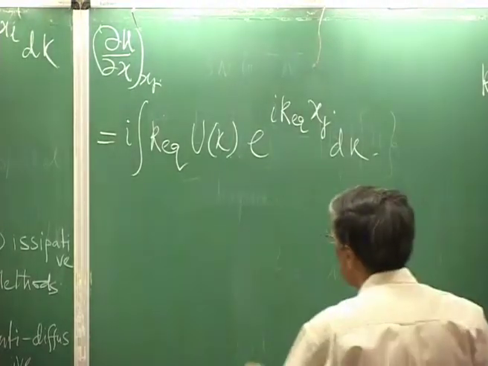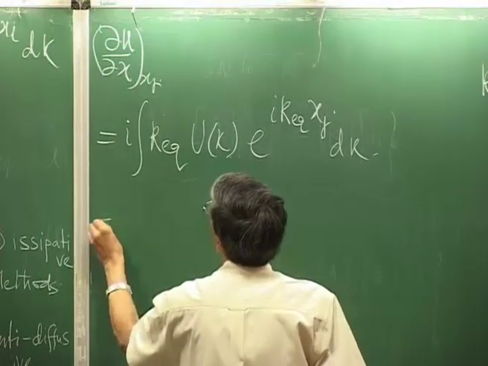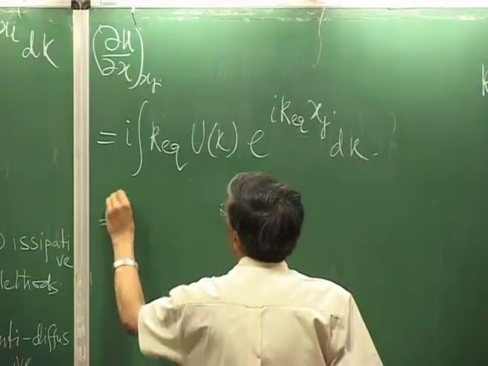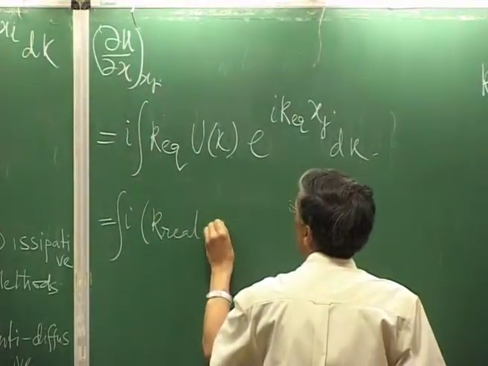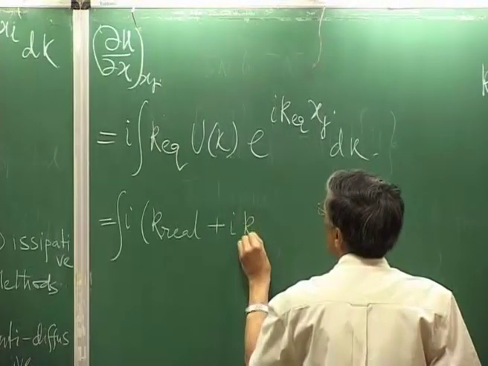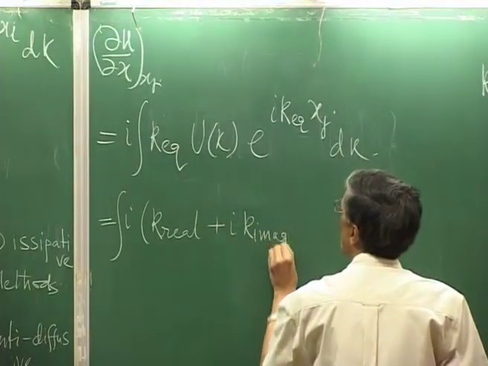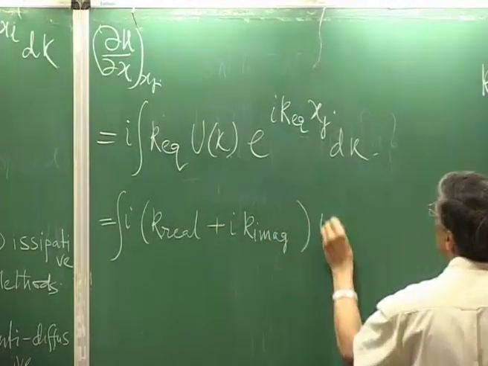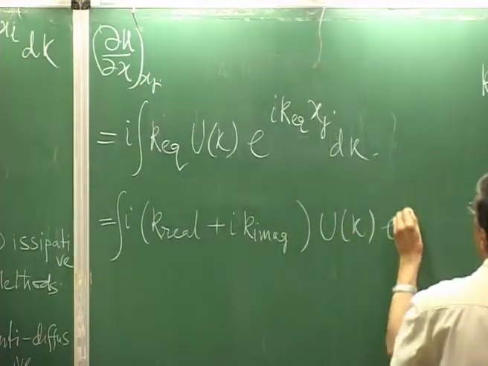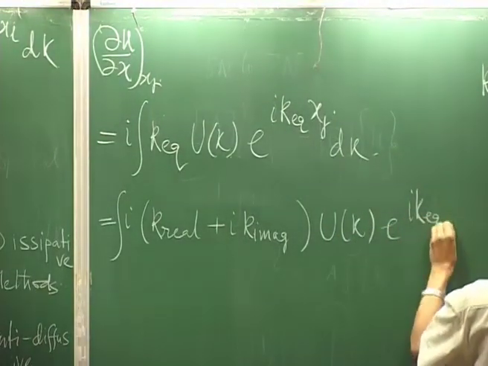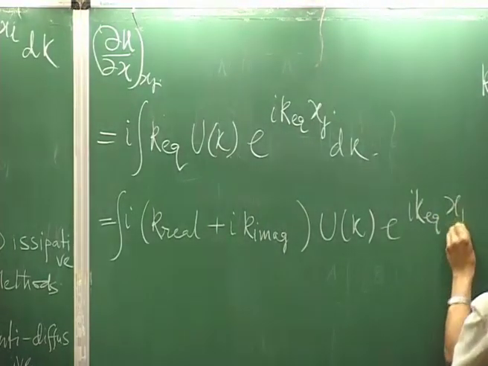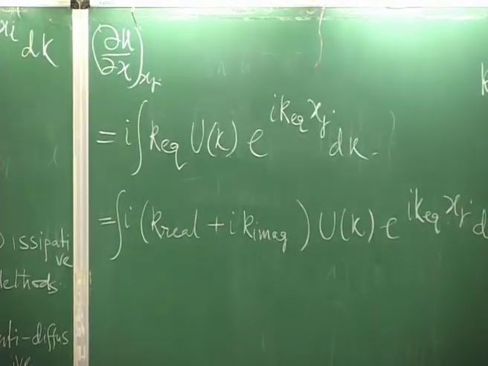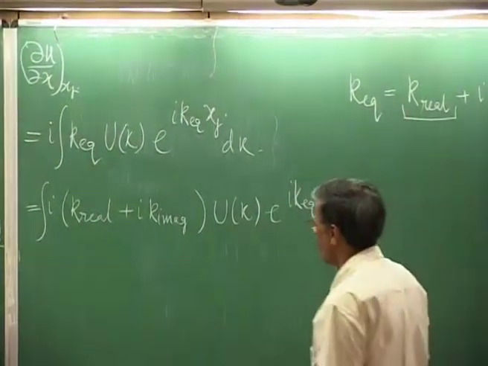Okay. Now say K equivalent has a real and imaginary part itself. Well, let me write it. This part I am just leaving it as it is. Now what happens?